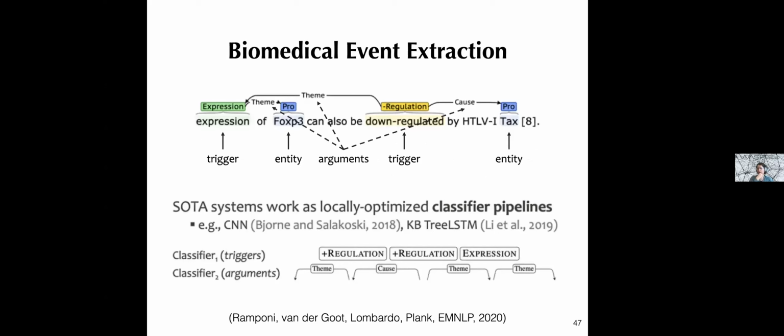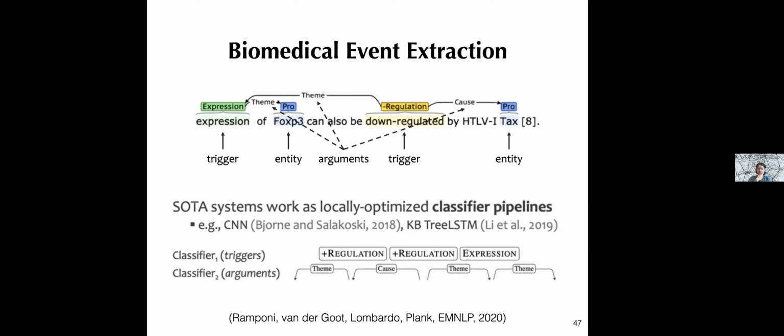The state of the art in biomedical event extraction is a structured prediction task where you want to identify links, or this graph, between entities in the sentence. So you have entities or triggers, as they're called, also proteins, and links or arguments between these triggers and entities, but they can also be nested.